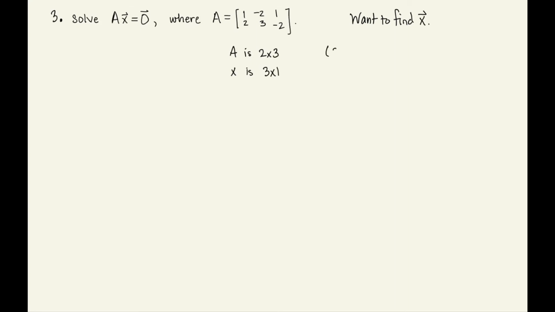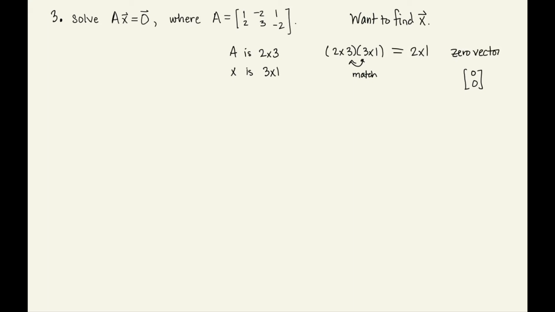That way I'm taking a 2 by 3 times a 3 by 1. That way these inner terms match. And this is going to be giving me a 2 by 1 0 vector. And a 2 by 1 0 vector has entries that are all 0, and there will be 2 of them. So it'll be something that we write like this.